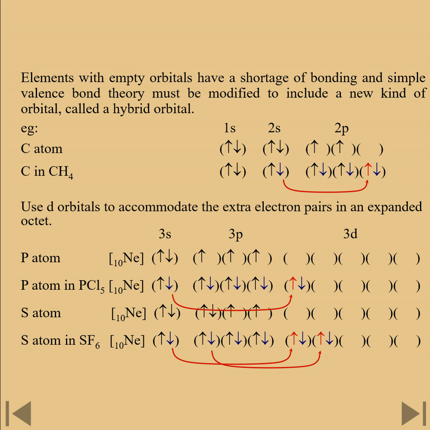That would be the 3s and one of those 3p orbitals. So essentially we're going to donate 1 from each of those out to the 3d, and I hope you can see, just counting the 4 black and the 2 red, that we have 6 electrons individually now, and then they can form 6 bonds. Remember, the blue arrows pointing down are the donated bond, or the additional electron in the bond that we get from the peripheral atom.